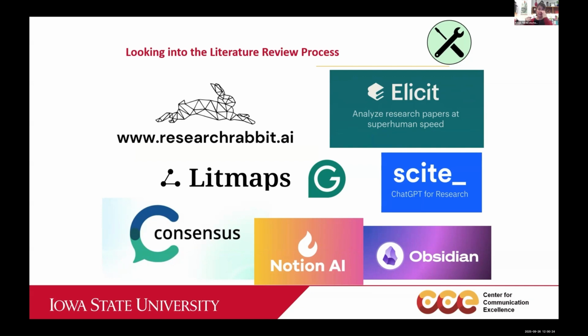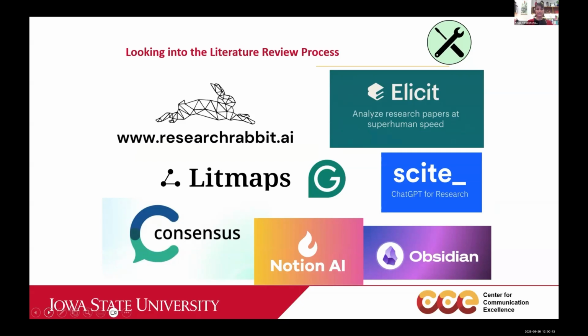I think I saw on LinkedIn earlier this week that one of the libraries had funded premium licenses of Consensus for everyone at their institution. So these tools have been in use for a while.